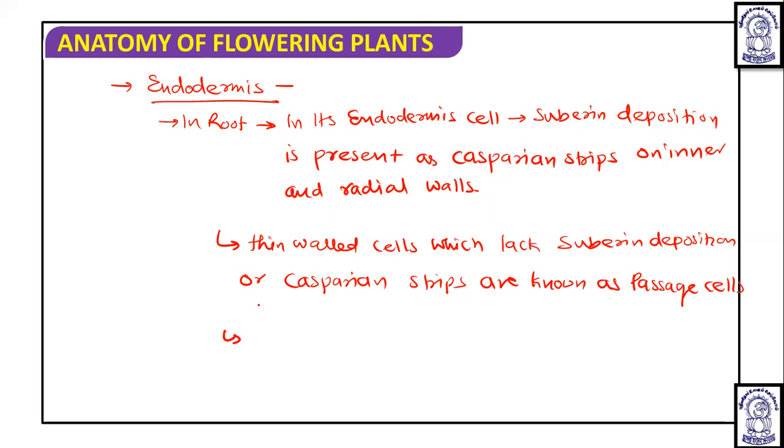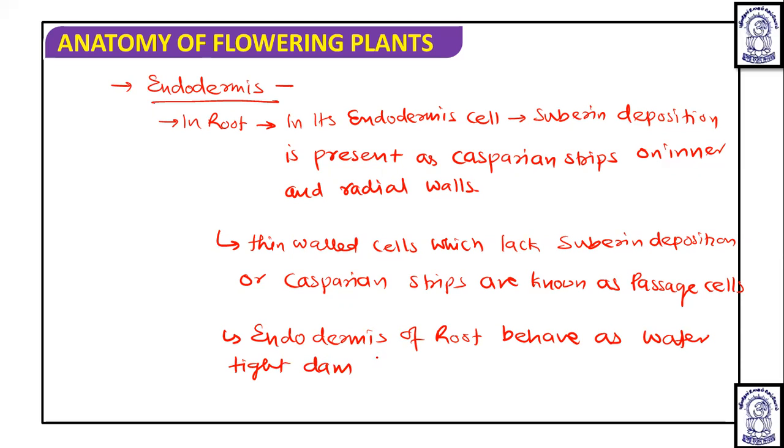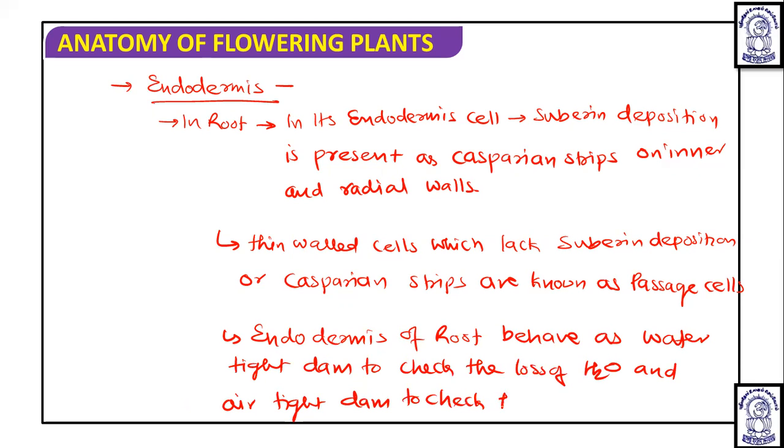Now this endodermis of root acts as a watertight dam to check the loss of water, and an airtight dam to check the entry of air in the xylem.